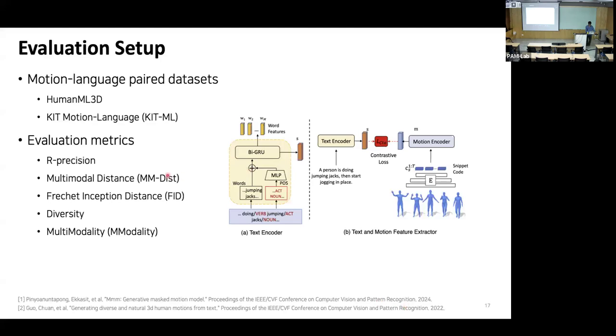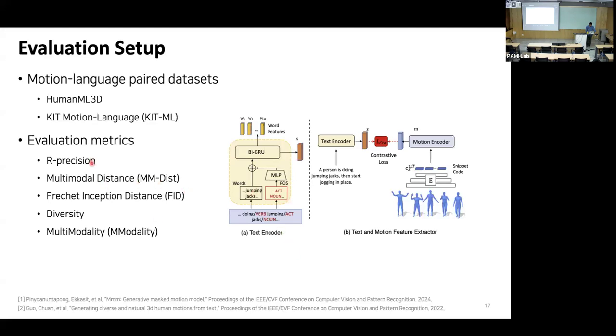They use these 5 metrics for evaluating the generation quality, and for this they use the pre-trained text and motion contrastive model, which is from this paper also. They extract the motion features and the text features from this pre-trained model to calculate the feature distance.